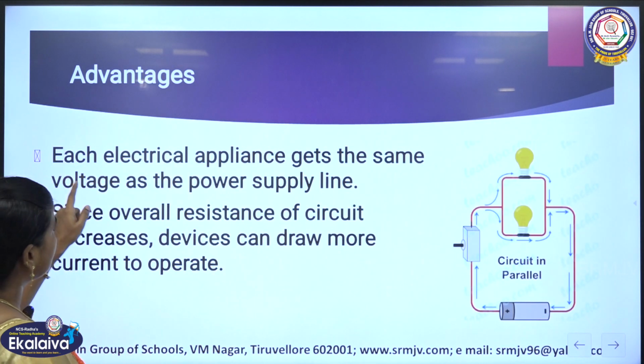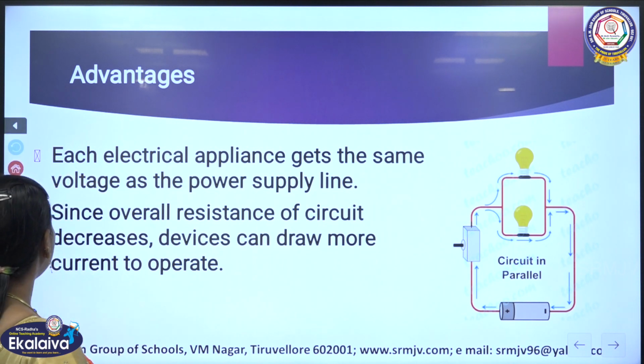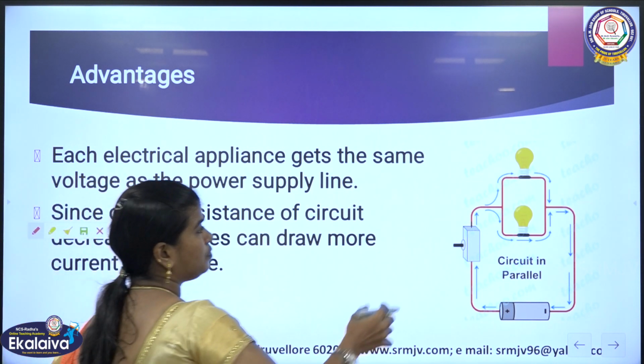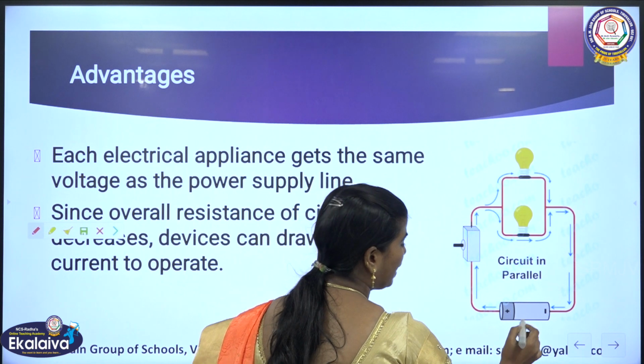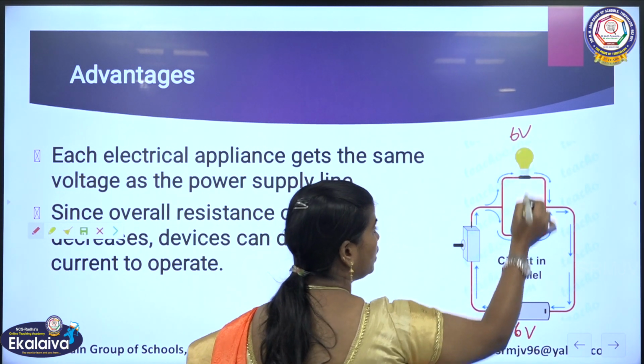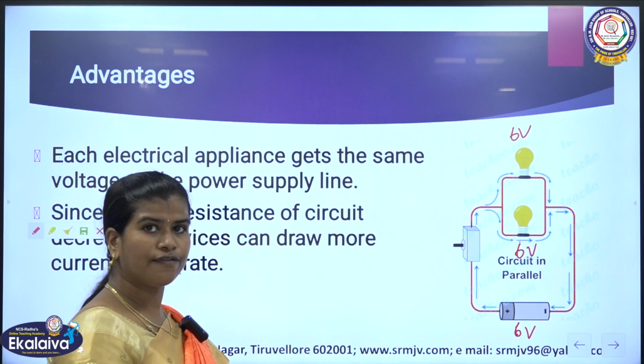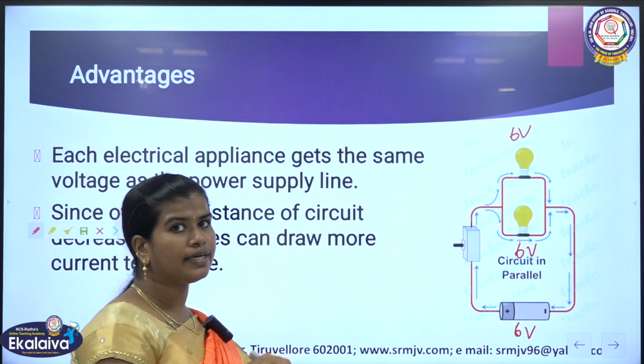And the other one, each electrical appliance gets the same voltage. This is what I have said. If this battery is a 6 volt battery, this bulb will get 6 volt, and this bulb also will get 6 volt. That is the advantage of resistors connected in parallel.